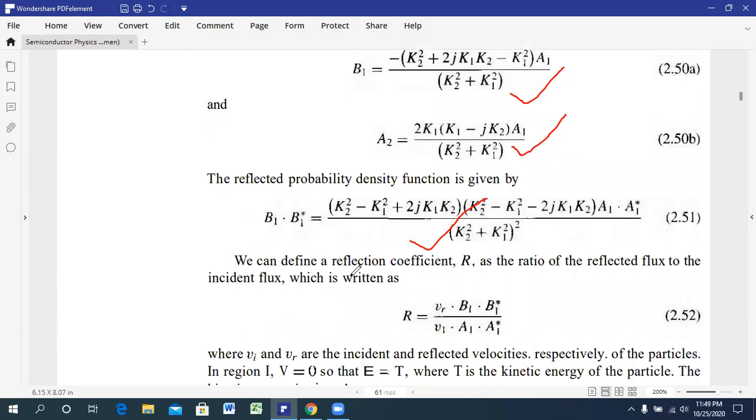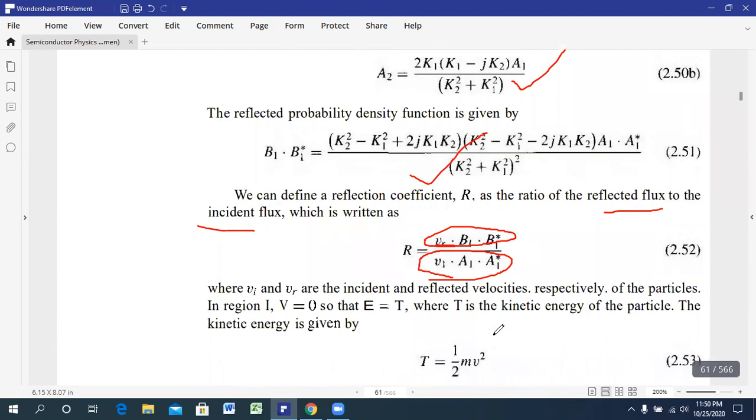And this one is known as the reflected flux to the incident flux, that one is Vr B1 B2. So the upper portion is the reflected flux, and the denominator is the incident flux, that one is Vi A1 and A1 conjugate.